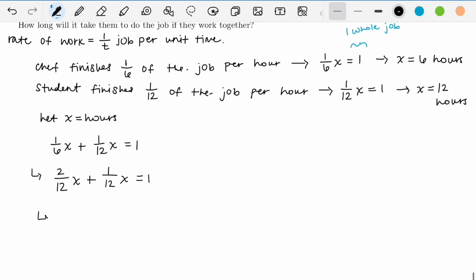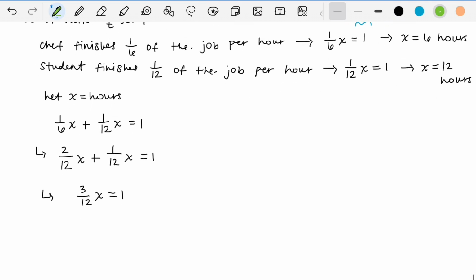This will give us 3 over 12 times x is equal to 1. So to get x completely alone, what we'll do here is multiply by the reciprocal of 3 over 12. So that'll be 12 over 3 here. Because doing this, we're going to cancel this whole fraction. Our 12's cancel and our 3's cancel. Whatever you do to one side, we have to do to the other.